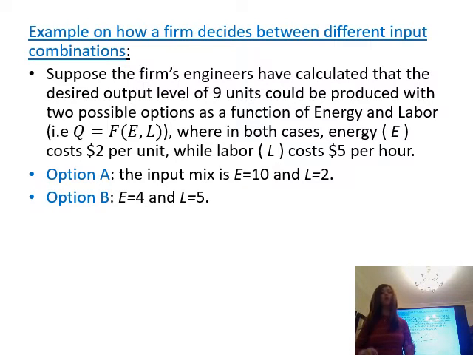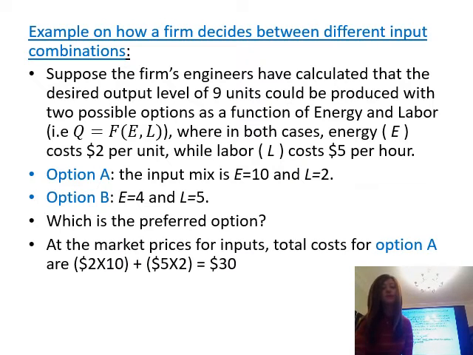Yes, you can. All you do is multiply the price of input times the units of input used in the two possible options, or in the two scenarios. This implies that the cost for option A, as denoted in the slide, is $2, the cost of energy, times 10 units of energy used, plus the cost of labor.